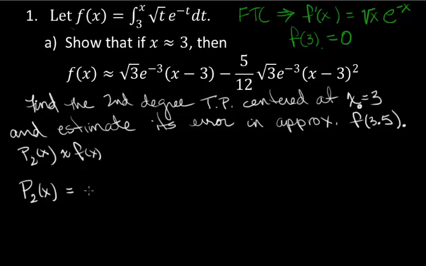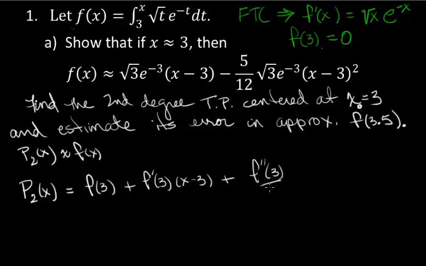P2 of x is equal to f of 3 plus f prime of 3 times x minus 3 plus f double prime of 3 over 2 factorial, or 2, times x minus 3 squared. Partial credit right there. You know what the second degree Taylor polynomial is.